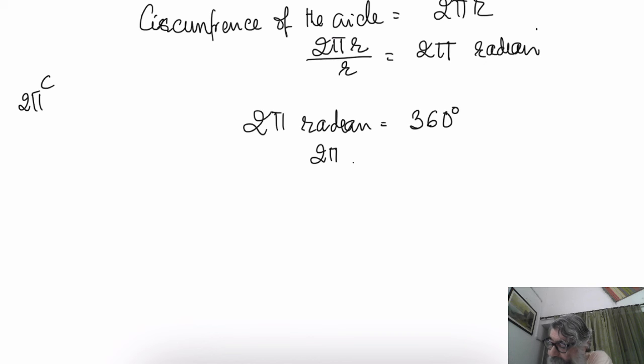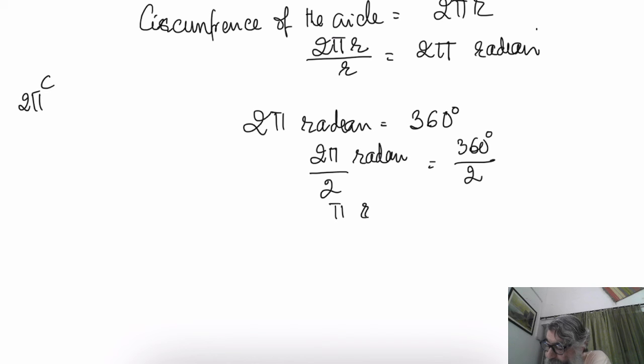Now 2 pi radian, I will divide by 2. Naturally on the right-hand side 360 degrees will also be divided by 2. So pi radian will become 180 degrees.